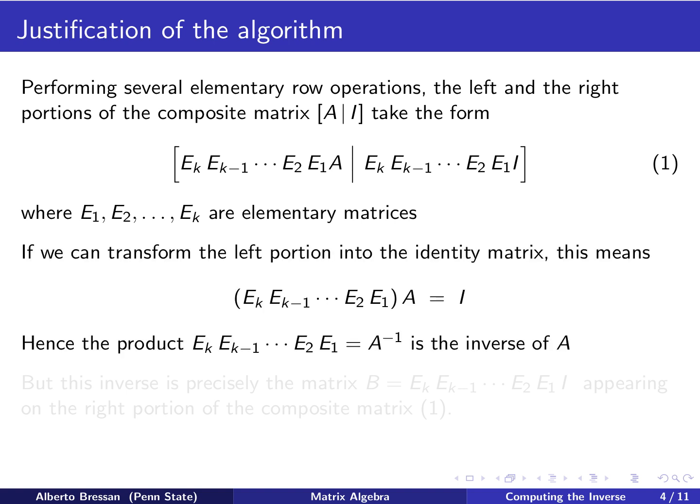If this procedure transforms the left portion into an identity matrix, then this product times A is identity. Let's say this product is a matrix we'll eventually call B. So this matrix times A is identity, and therefore this matrix is A inverse.